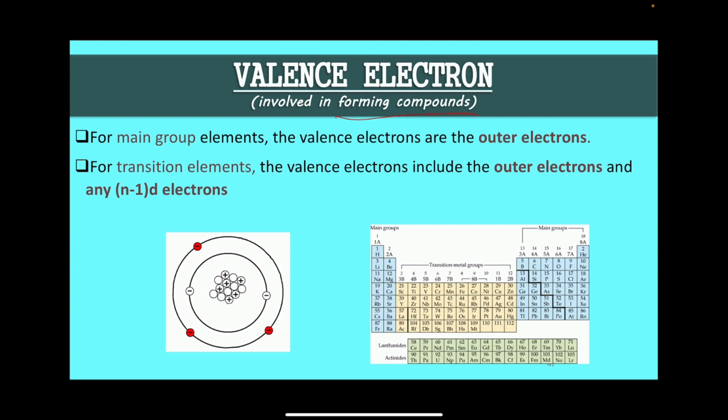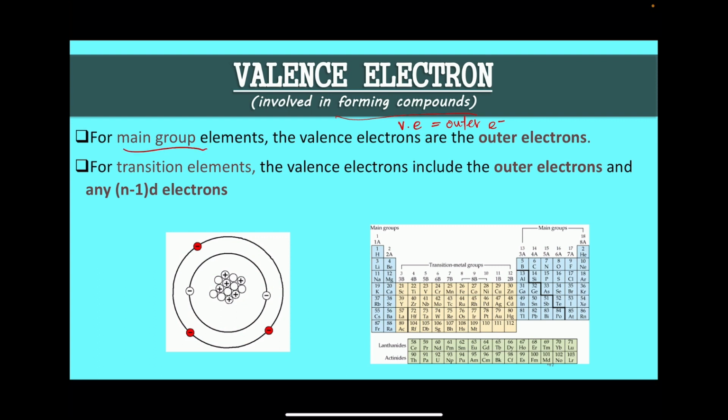Okay, dekat periodic table, we can divide the periodic table into 3 types of groups. Okay, the main group, transition element, and the rare elements. For the main groups, the valence electrons are the outer electrons. So which means I can write down another way. Valence electron is equal to the number of outer electrons. So itu adalah untuk main group element.